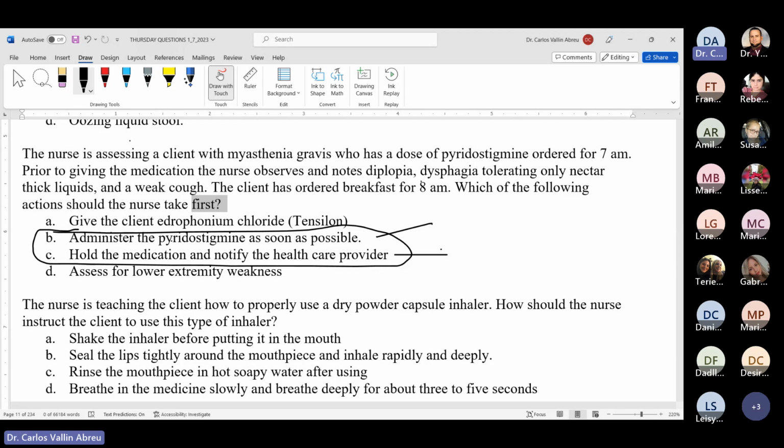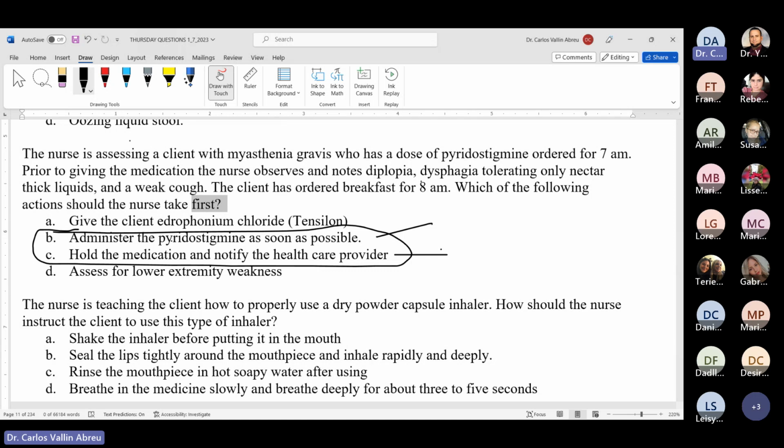What is the advantage of giving pyridostigmine as soon as possible? Well, maybe the pyridostigmine improves the client and the client is able to have the breakfast. What is the consequence of giving the pyridostigmine orally to a client that has important dysphagia, weak cough and diplopia, and looks like an exacerbation of myasthenia? We are placing the client at risk of aspiration while giving the medication, and we are ignoring that the client is having an exacerbation, a flare-up or deterioration of his or her condition.